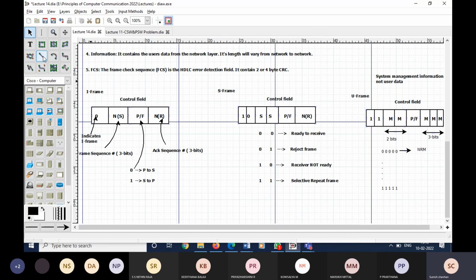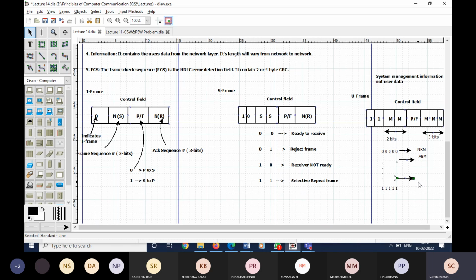And the second, suppose here you will be having 0, 0, 0, 0, 1. So this will be the second mode, ABM. So like this, I'll be having a few more.